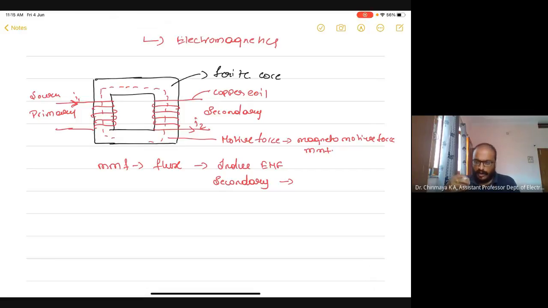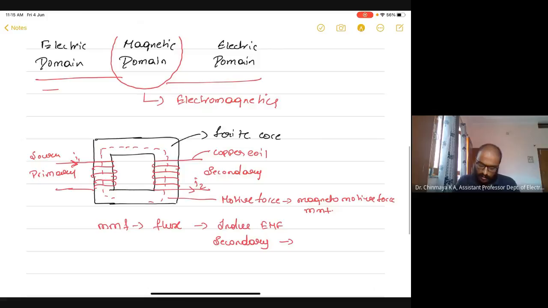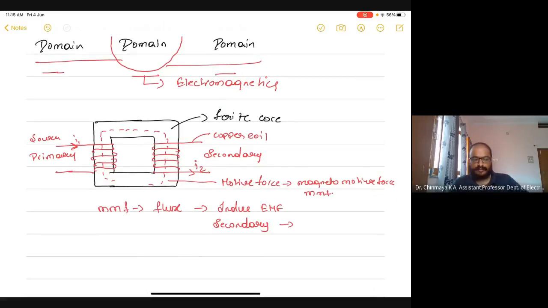This induced magnetomotive force will set up a flux. The rate of change of flux will induce an EMF in the secondary coil. So that EMF is electric. So basically we are converting power from the electric domain into the magnetic domain, then again to the electric domain. This is what electromagnetics is.